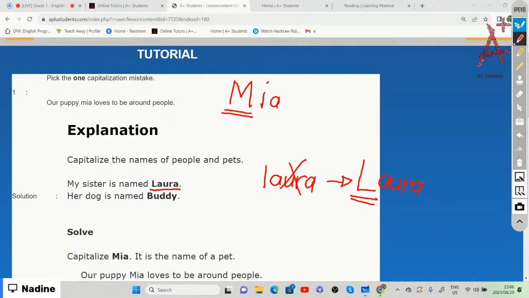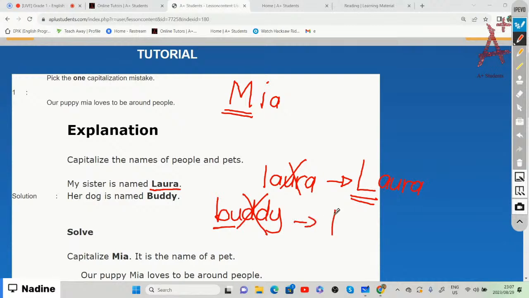The same with your dog. So if you also name your dog, right, the dog's name should also be capitalized. So you cannot say my dog's name is buddy with a small letter b. Nope. So that is not correct, right?